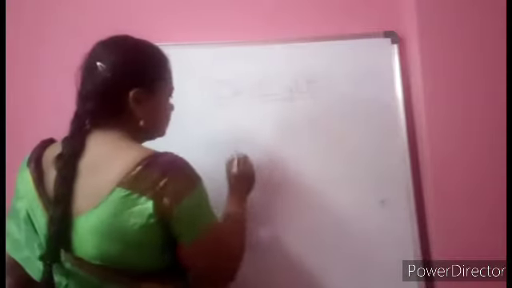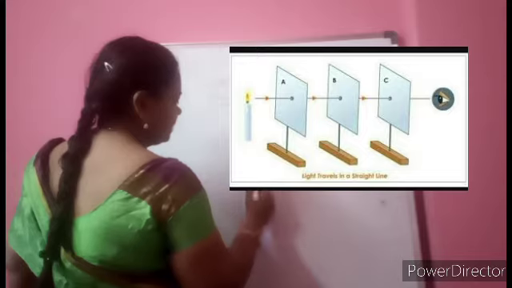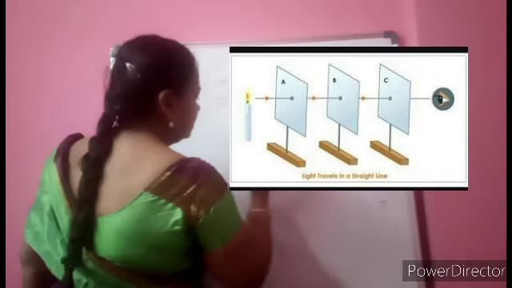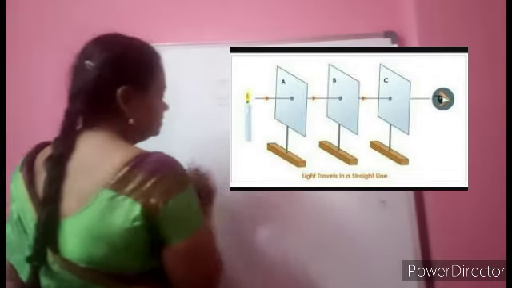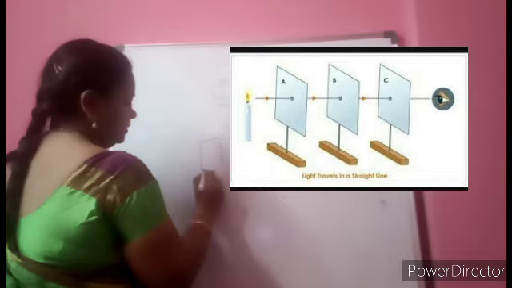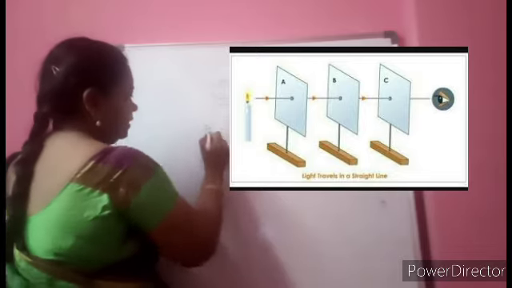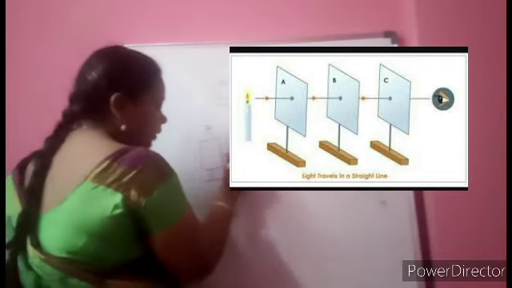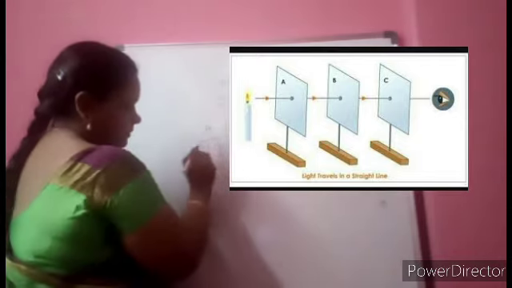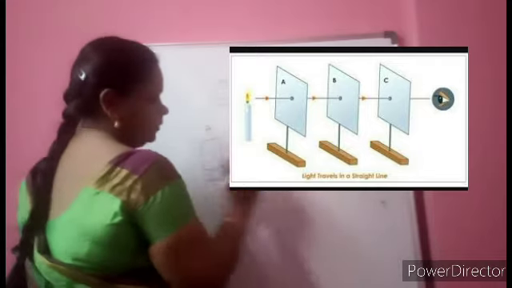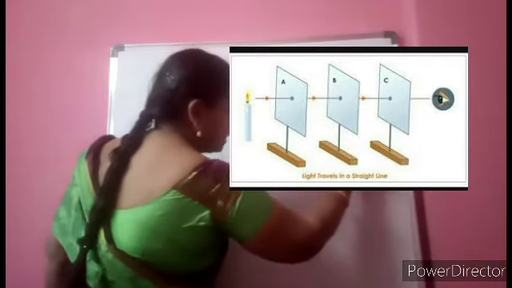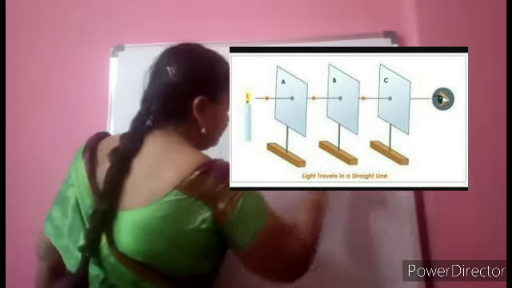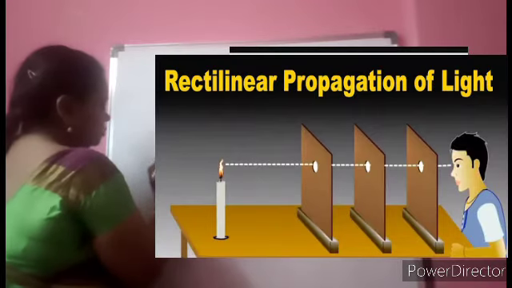If you take 2 or 3 cardboards, all 3 having a hole in the mid part, A, B, C. And here again you can keep a torchlight, or the flame of a candle can be used, and from the other side you are going to observe it.